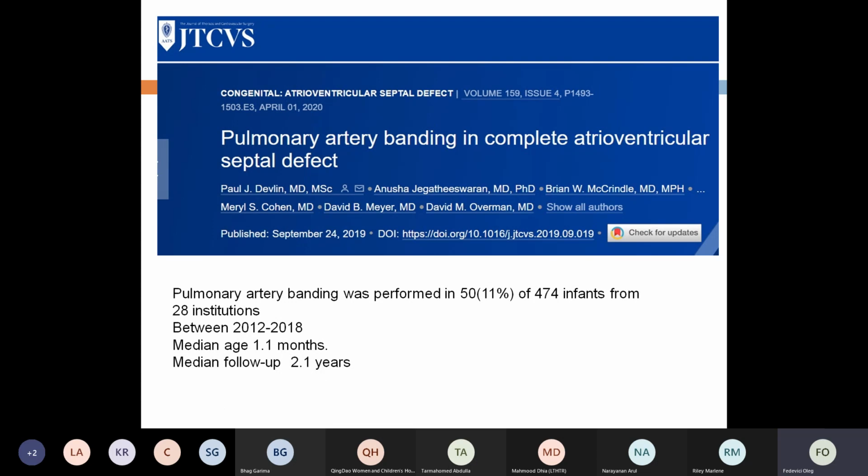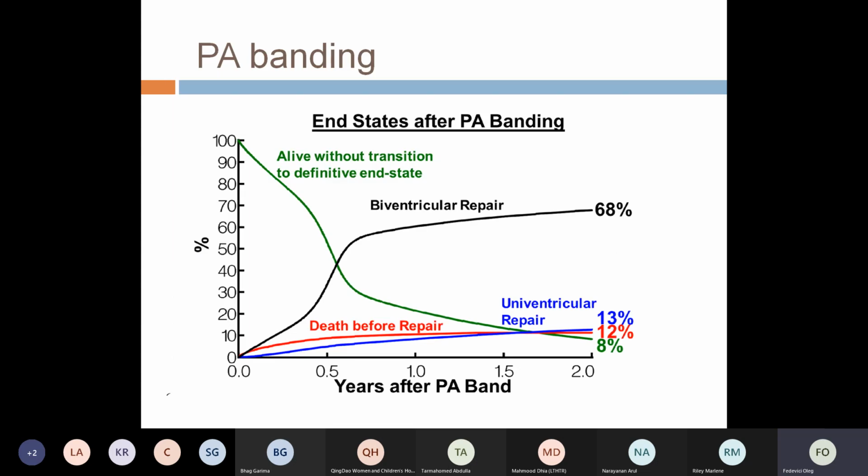So they analyzed what happened with these patients after PA band, and you can see that 68%, almost 2/3 of the patients, underwent biventricular repair after that.